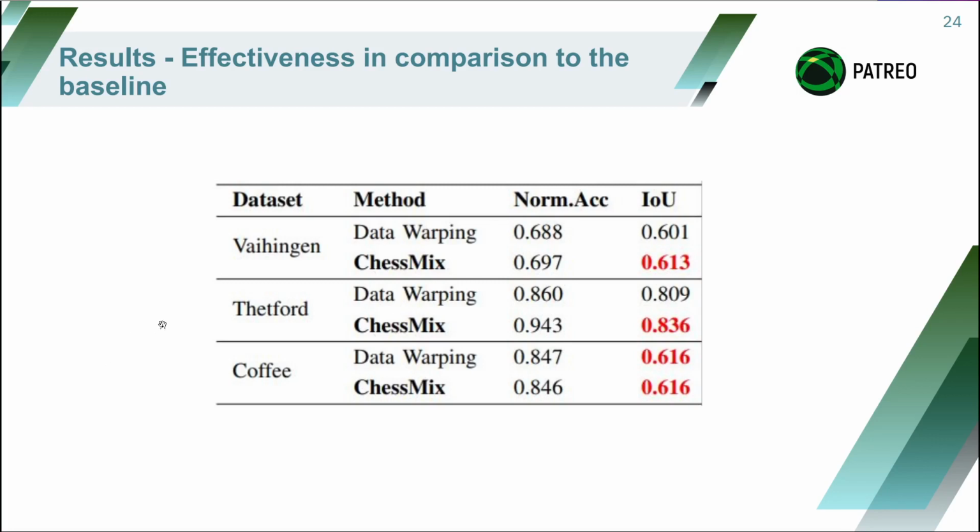As for the urban datasets, we actually got better results with ChessMix, especially for the Thetford dataset, where we improved the intersection over union from 80 to 83, and the normalized accuracy from 86% to 94%, which is a very considerable value.